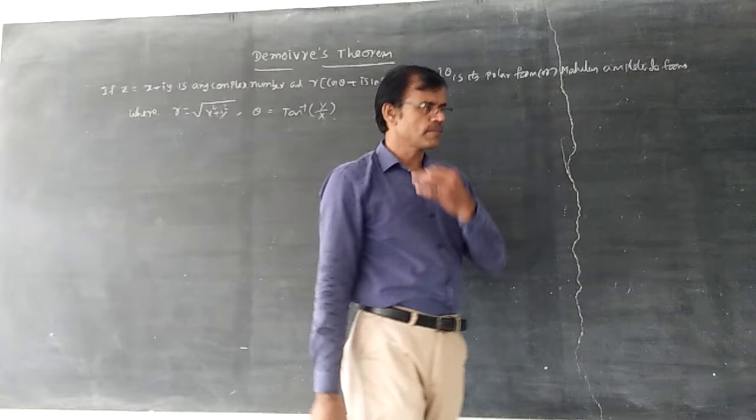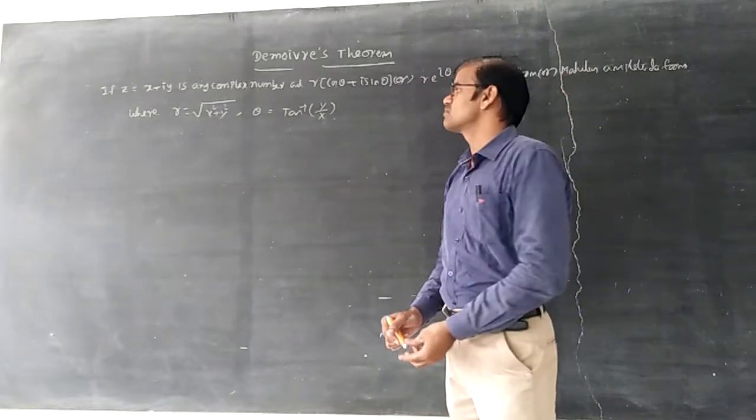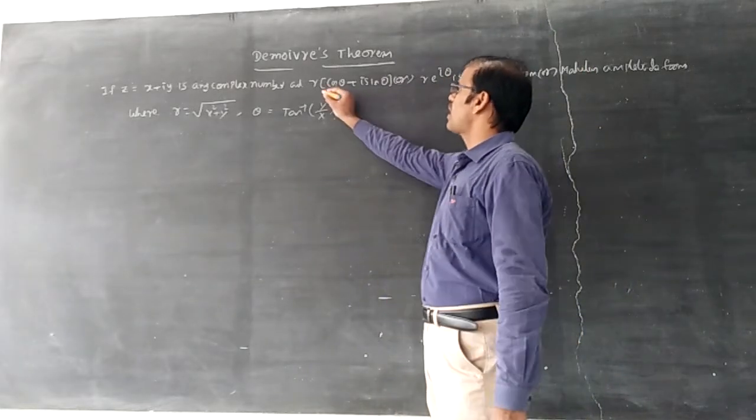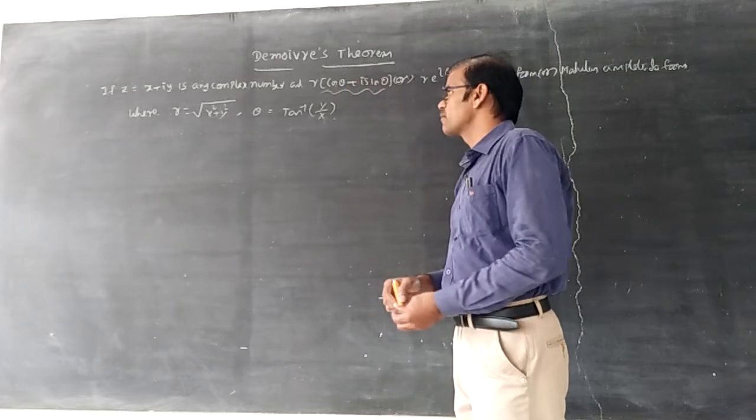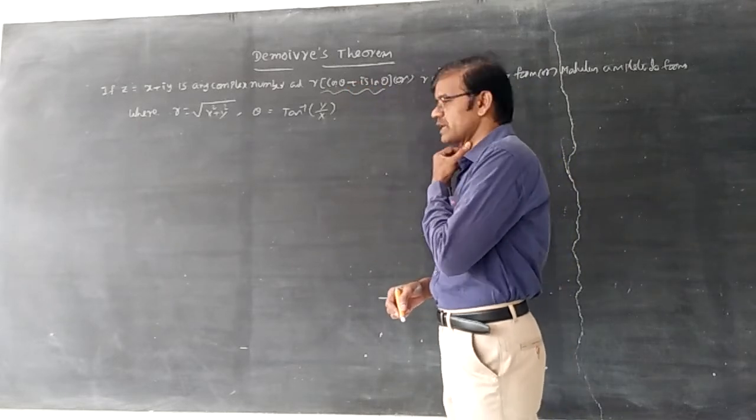This is the notation of complex numbers in polar form. Using this, r into cos theta plus i sin theta, r is any real number.